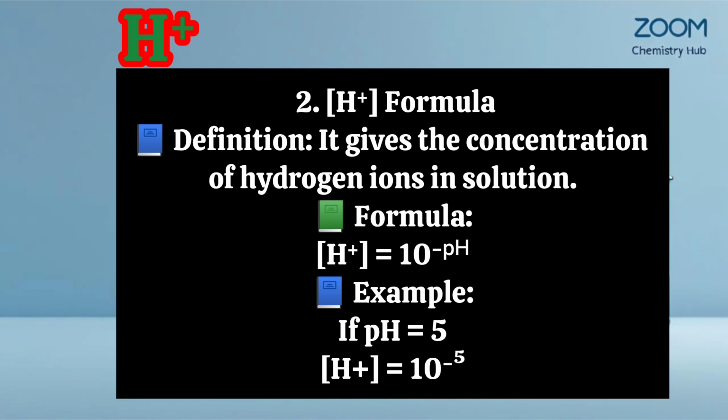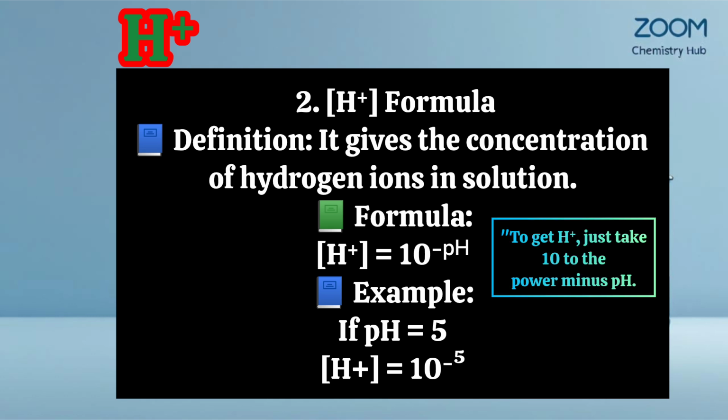So we write the formula that hydrogen ion concentration is equal to 10 raised to power minus pH, and the value of pH here is 5. So the concentration of hydrogen ion is equal to 10 raised to power minus 5. To get the hydrogen ion, just take 10 to the power minus pH.